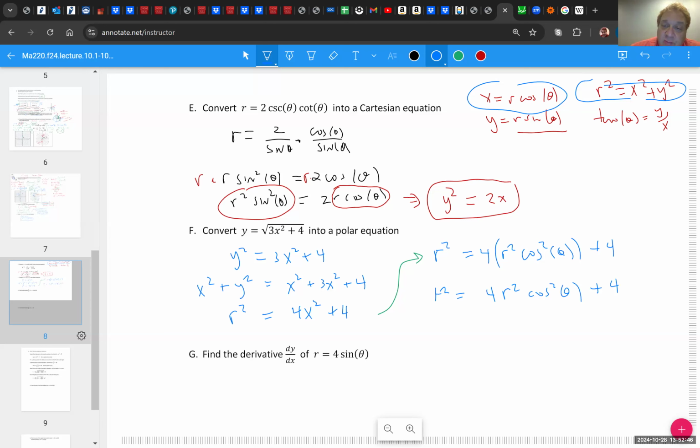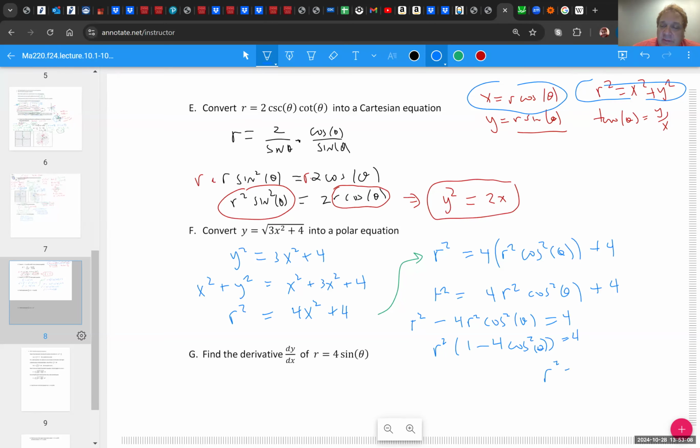So I guess I can bring the r squareds to this side. R squared minus 4r squared cosine squared theta equals 4. I can factor out an r squared. And then I can divide both sides. I'm just solving for r squared.